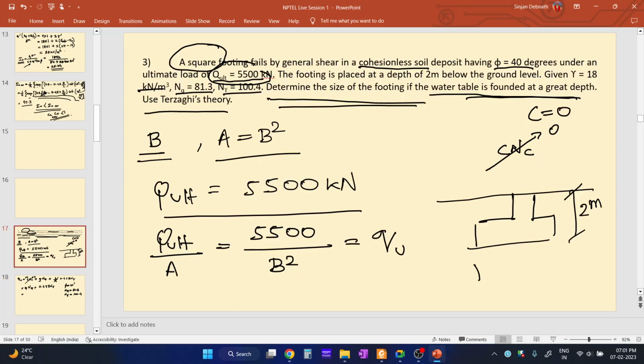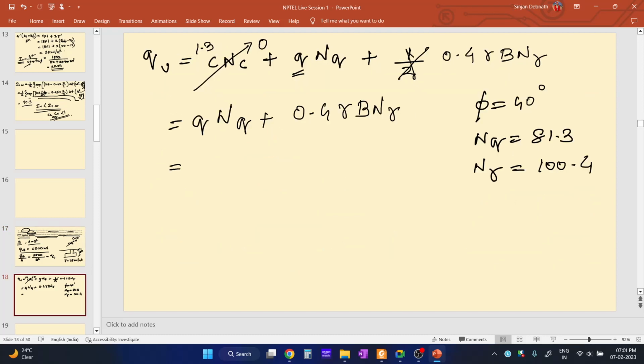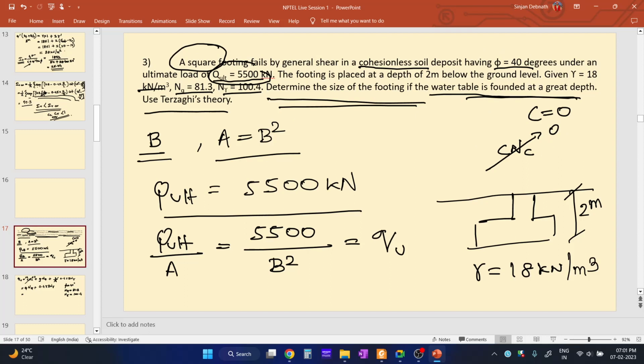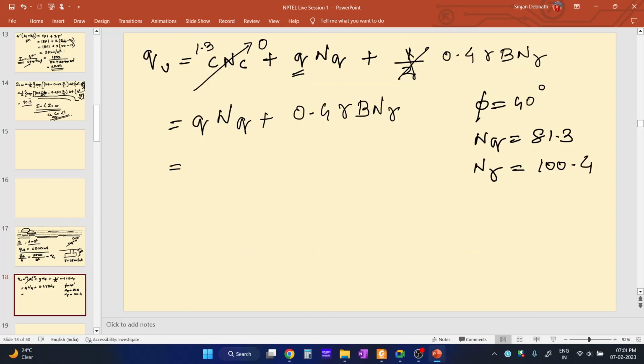So this q will be gamma into depth. What is the depth? 2 meters. So q is gamma into D, that is 18 into 2. And what is the value of Nq? Nq is 81.3.